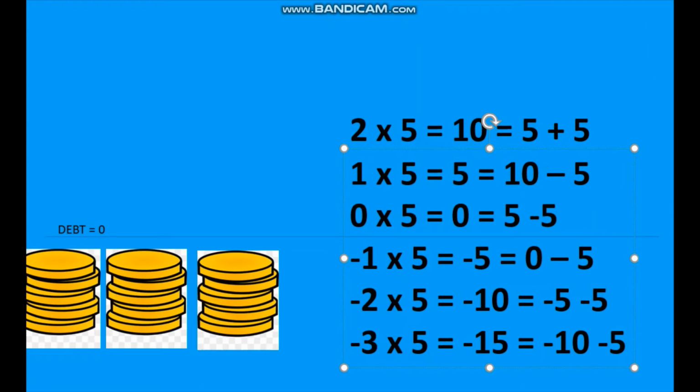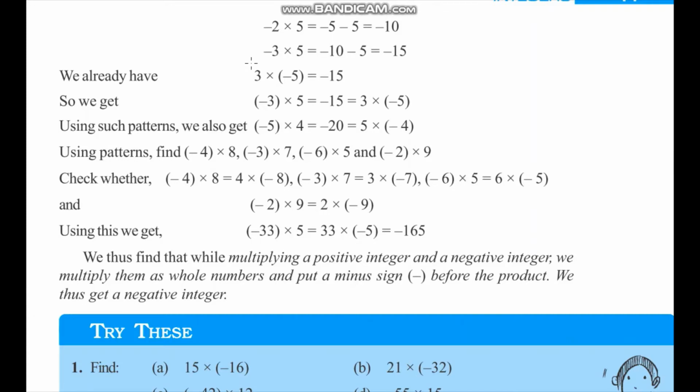So we need to observe that as and when you go on decreasing these values over here, the multiplication product also goes on gradually decreasing by 5. Okay, so that is why you go on subtracting 5. That is why we get 3 times -5 is equal to -15.